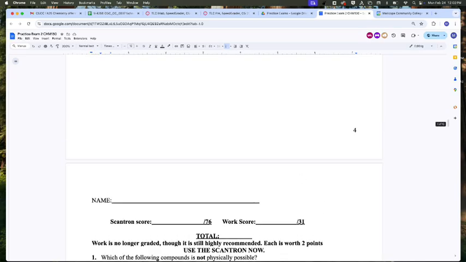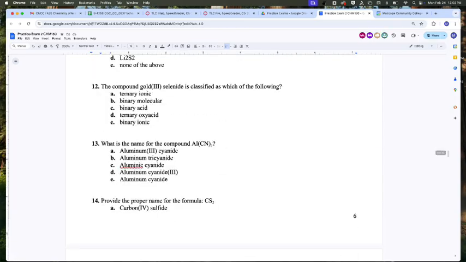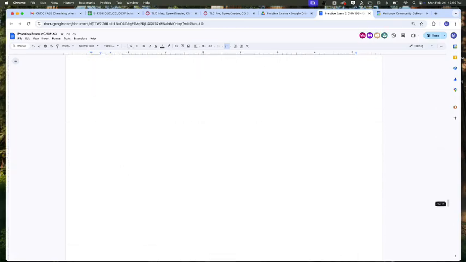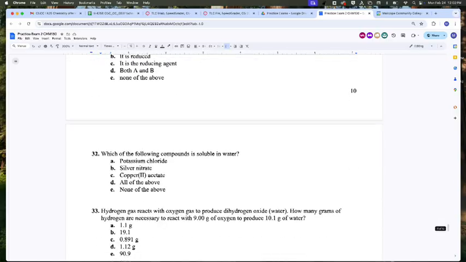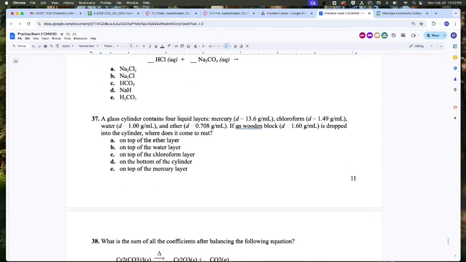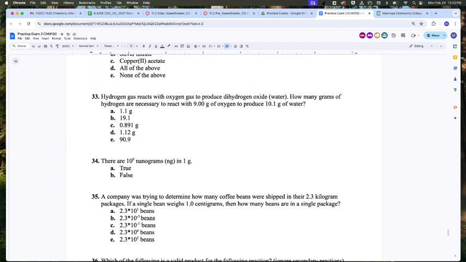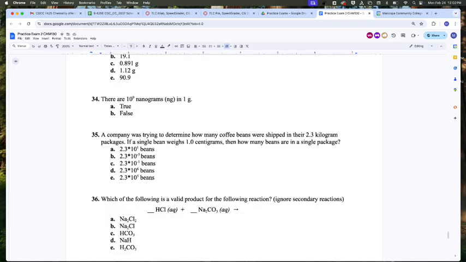Where's that density one, Karen? .37 is a density, but it's not a calculation. 35 is that bean one.